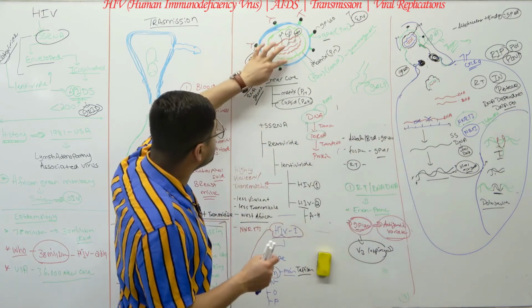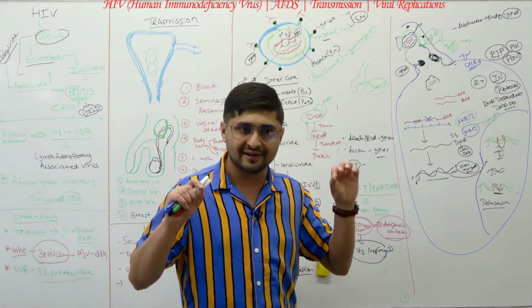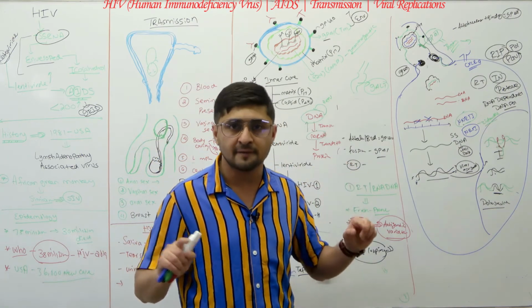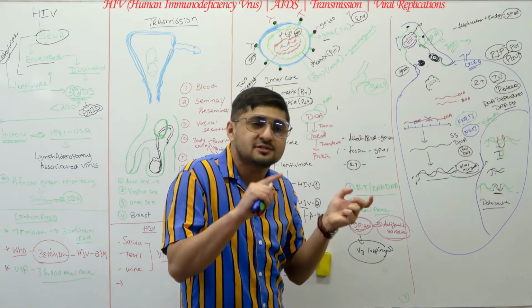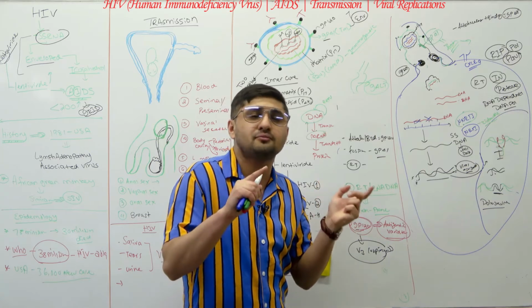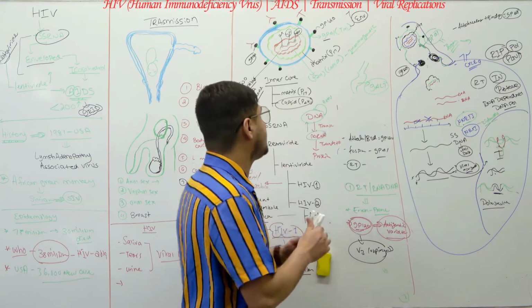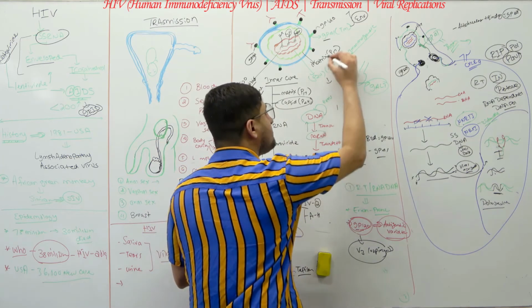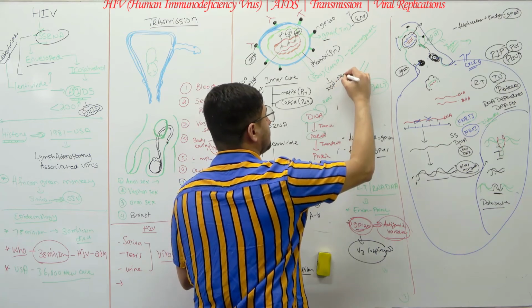Your P24 did not participate in infecting CD4 positive cells at all, right? It's because of that, even if you make antibodies against it, it is non-neutralizing. You have to remember that. You do make antibody against this, but it is non-neutralizing, all right?